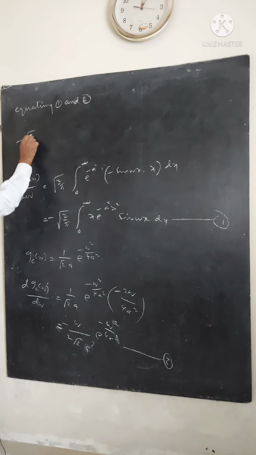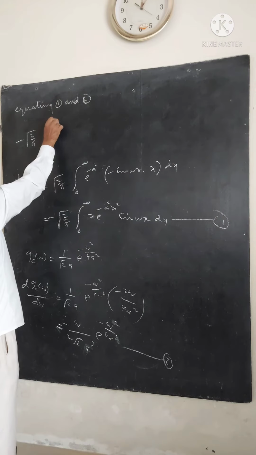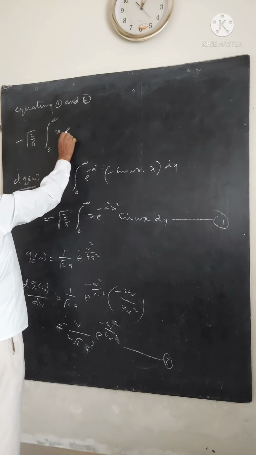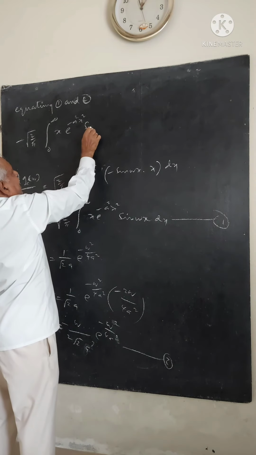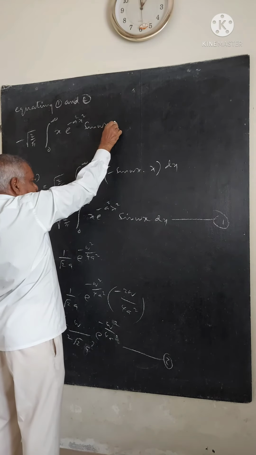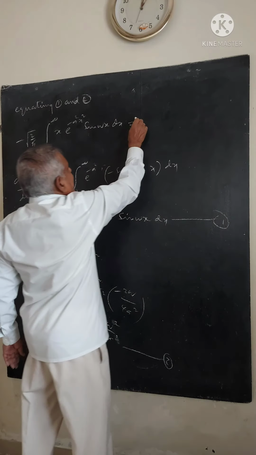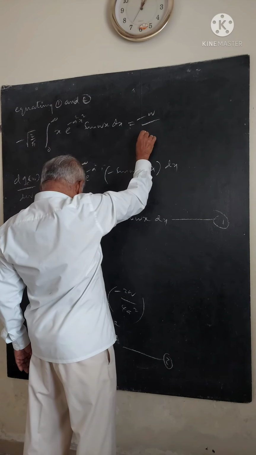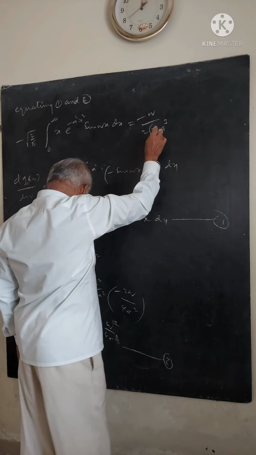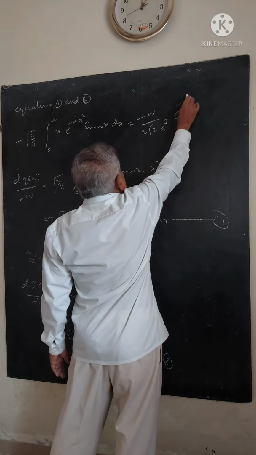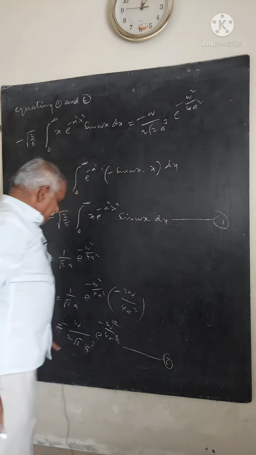Minus root of 2 by pi, 0 to infinity x e power minus a square x square sin omega x dx equals minus omega by 2 root 2 a cube e power minus omega square by 4a square.